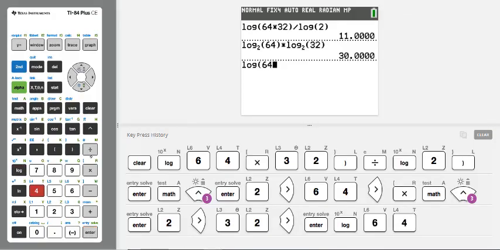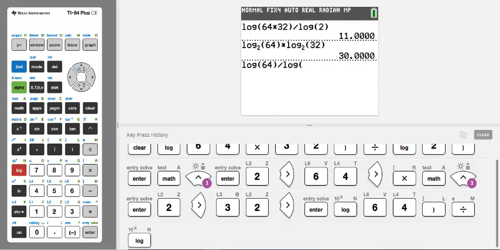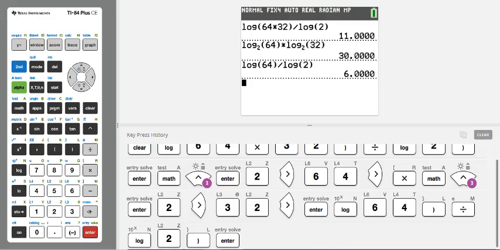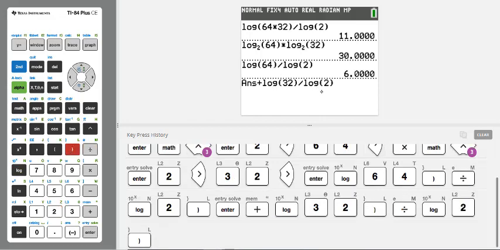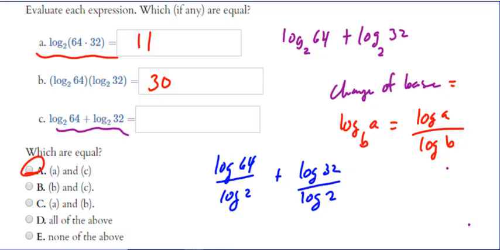Okay. All right. So log of 64 divided by log of 2. All right. And we'll go ahead and hit enter. Plus log 32 divided by log 2, and it'll take care of this division before it adds. So hit that, and I get 11.